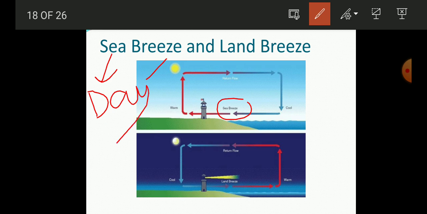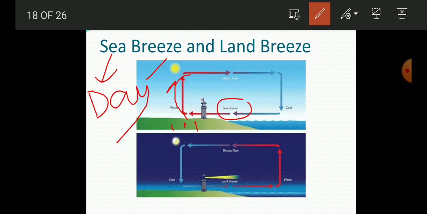You know that the land area gets warmer earlier in comparison to the sea or the ocean area. So what is happening here is that the land gets warmer earlier, and the air above the land also gets warmer, and this air moves upward.